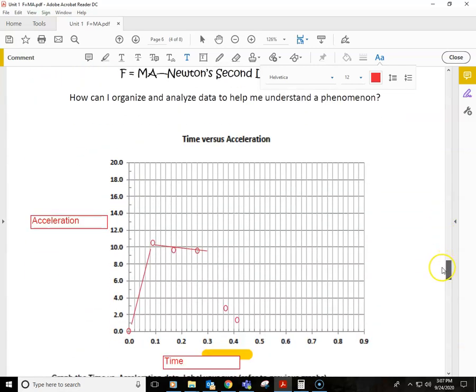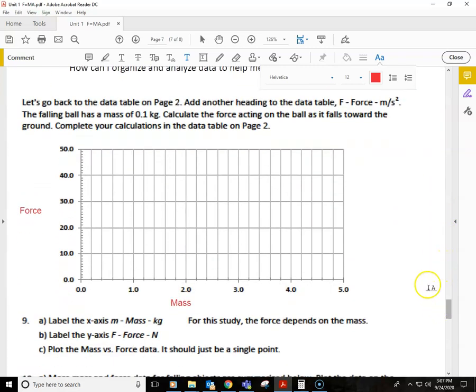So, if I go back here, I'm only going to put 1 point on here. Look at that. It says it should just be a single point. Because the mass is always the same. The ball always had the same mass. So the ball was 0.1. The force was 1. Where am I going to graph that? Well, 0, 0.2, 0.4, 0.6, 0.8, 1.0.